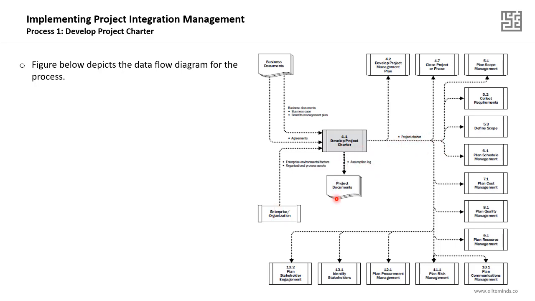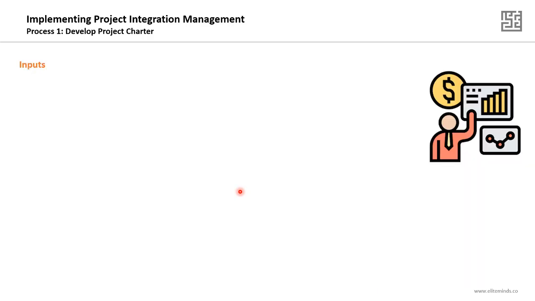The assumption log will be archived as a project document, but see how the project charter is being used in multiple project management processes. It's a very important process because the output of process 4.1, develop project charter, will be used in about 14 other processes. So the project charter is one of the most important project documents from a project management perspective.